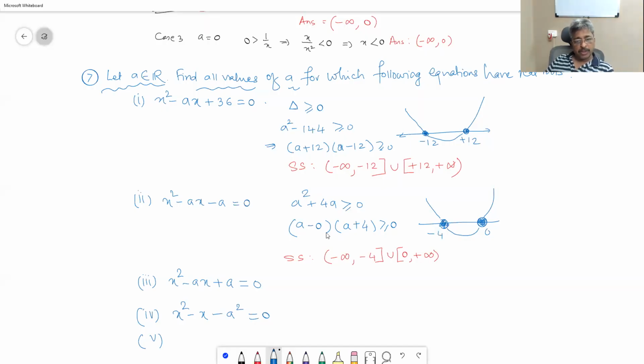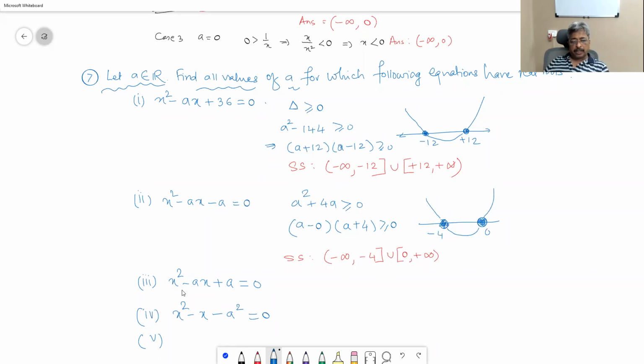Okay, solution set of this is again discriminant greater than or equal to 0. Discriminant is a square plus 4a greater than or equal to 0. A minus 0, a minus 4... minus 4, 0, equality, dark circle, leading coefficient positive, opening up. And the solution set is minus infinity to minus 4 closed, 0 closed to plus infinity.